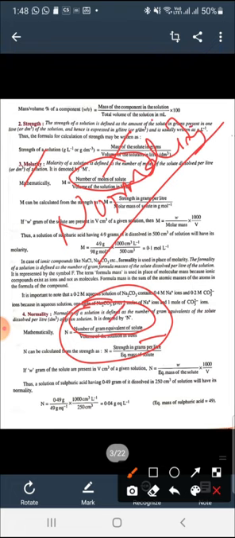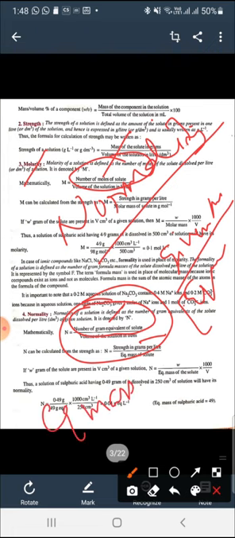So number of gram equivalents is equal to given mass by equivalent mass. Now what is equivalent mass? Equivalent mass is equal to molecular mass divided by n factor. Now what is n factor here? N can be basicity of an acid, acidity of a base, valency, charge, or electron transfer.